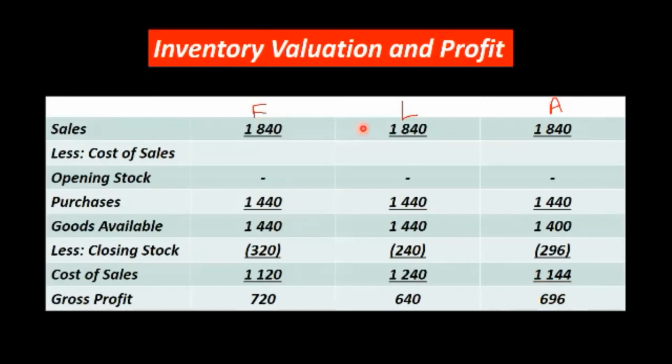So using different methods could determine what our profit is because we use the same figures. So using a different method could determine the amount of profit we make. And really, it's just paperwork because the profit that I make is still the same, right?